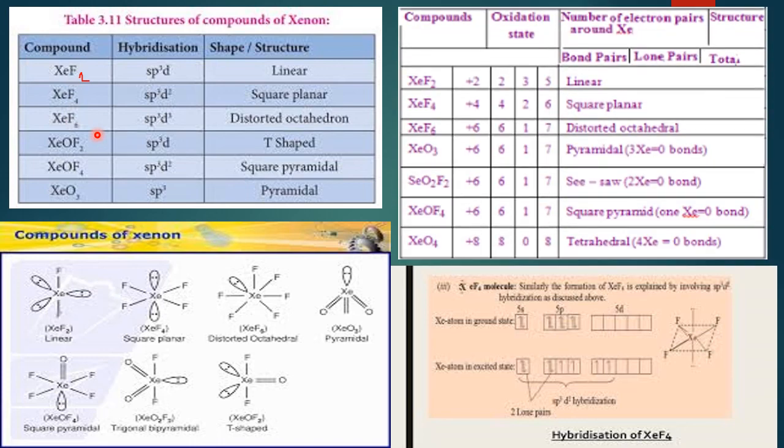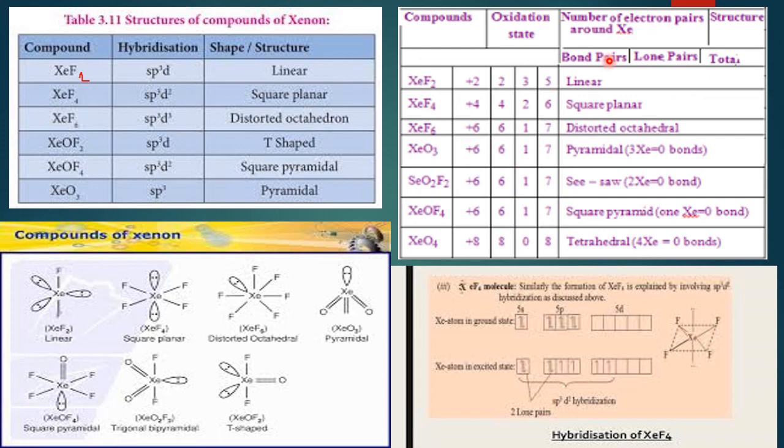So let's see what the shapes are, as well as how many lone pairs and how many bond pairs are present. In XeF2 the oxidation state of xenon is given. Next is the bond pair. The bond pair of XeF2 is 2, this is 4 bond pairs, this is 6 bond pairs, and this is 6 bond pairs, because xenon makes a double bond with each oxygen. There are 3 oxygens, so there are 6 bond pairs. And here 2 single bonds and 2 double bonds, so totally 6, and here too you can measure like that.